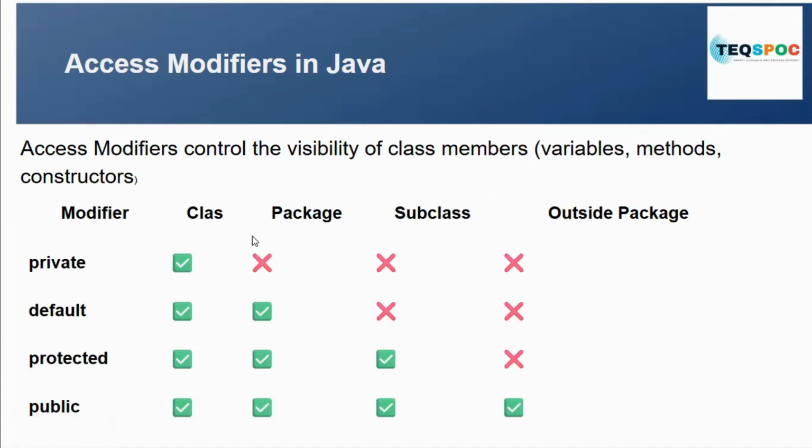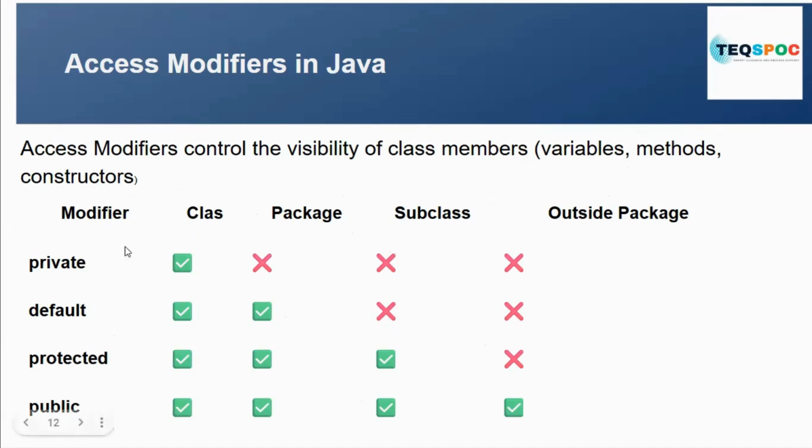You cannot access it in a different package, different subclass, or outside the package. Similarly, if you make the variable or method default, then it can be accessed in the same class and same package only, but you cannot access it in another subclass and outside the package.